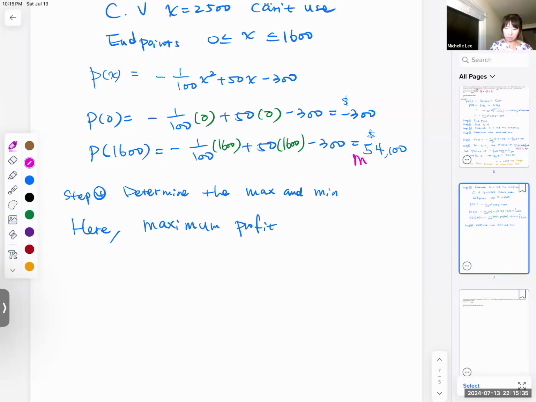So this is a maximum. So 54,100 at production level of 1600 units.